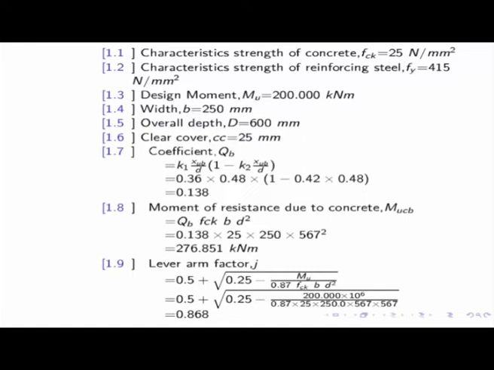Width B is 250 millimeter. This one is generally guided by the practical point of view. So let us consider that you are using say a 250 millimeter thick wall. So obviously we can use that thickness of the beam, 250. Whenever you are going to design, there are a few basic values that you have to assume or provide, and then you have to find out the other things.